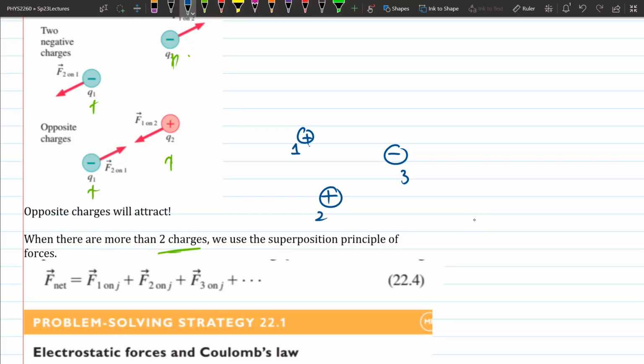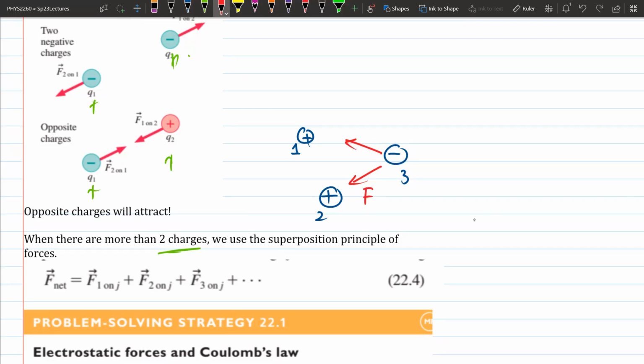In fact, the force vectors will be pulling this way, and pulling it this way. This one is called, what should this bottom one be called? F what? What should be the numbers? 3 on 2?